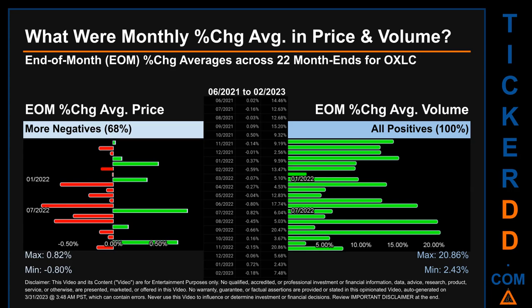That is 100% of month ends saw a positive percentage change in average volume. Price saw an end-of-month max of 0.82% in average percentage change along with a minimum of -0.80%. For volume, the maximum and the minimum monthly percentage change were respectively 20.86% and 2.43%.